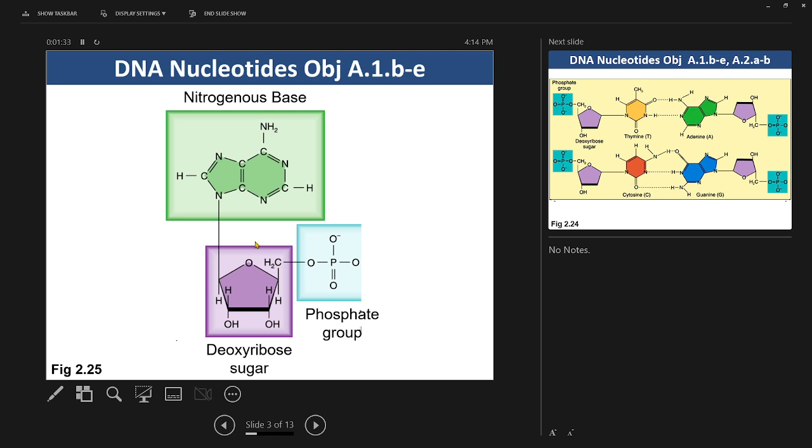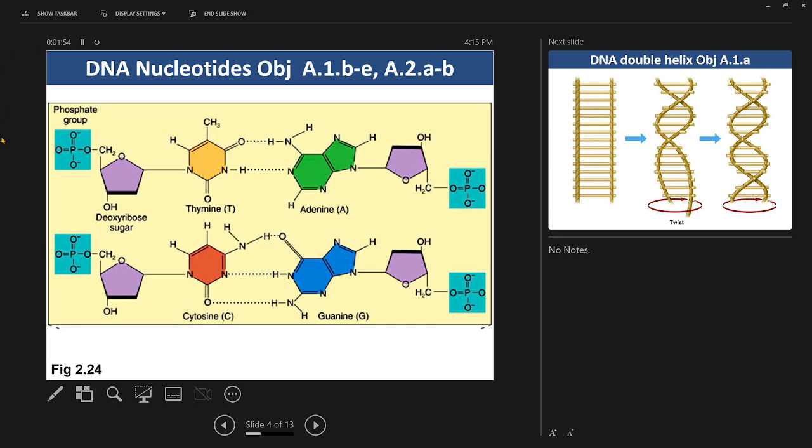They have a sugar and a phosphate group that make up the ladder, kind of the sides of the ladder of the DNA. And then they have a base, which is our genetic code. So these 3 molecules combined are called a nucleotide. And so when we put nucleotides together, we build our DNA.